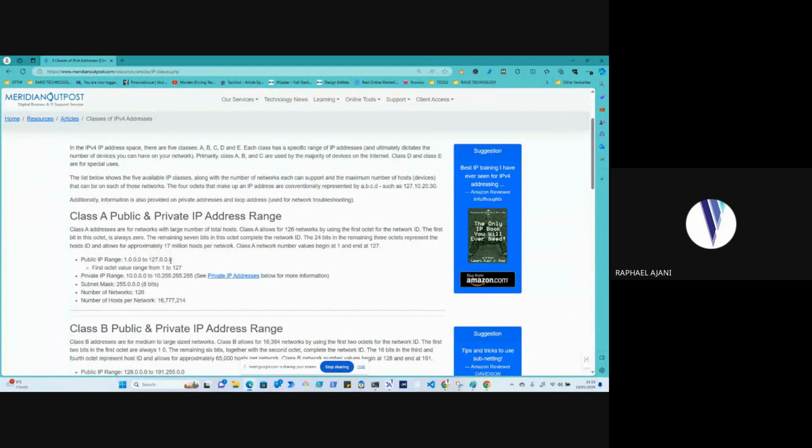What this indicates is that you have 126 networks, because 127 minus 1 is 126. And that is a public segment of this classification.